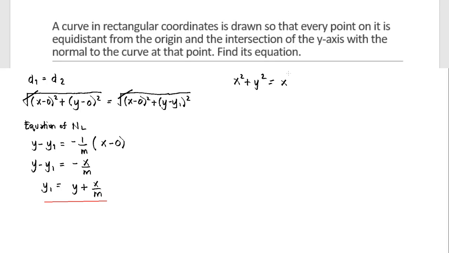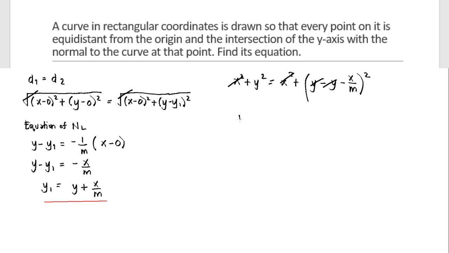Is that correct? Y minus y1. Our y1 is this one. So y minus y minus x over m. Cancel out x squared, and cancel out this one.